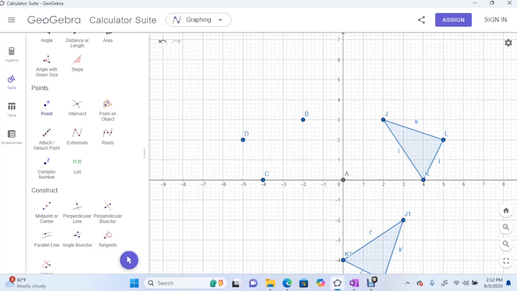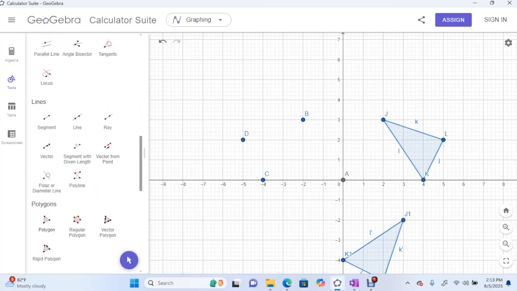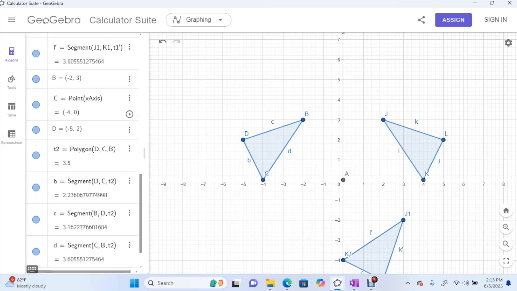After locating the points like this, take note, these letters are supposed to be J2, K2, and L2. I'll go and change them. After everything, you use your ruler and then you join the points. I'm going to do it with a polygon. I'll select all the points and then draw the image triangle, and then I'll go to algebra mode and change the labels to whatever they have to be.